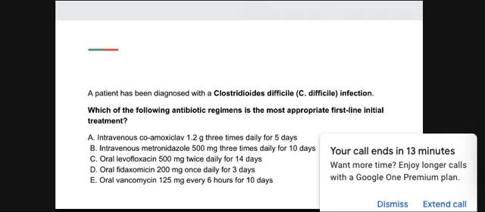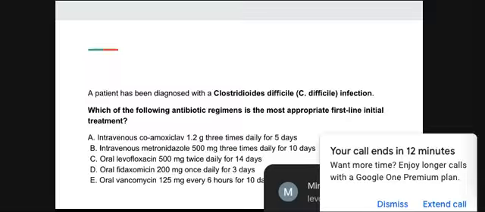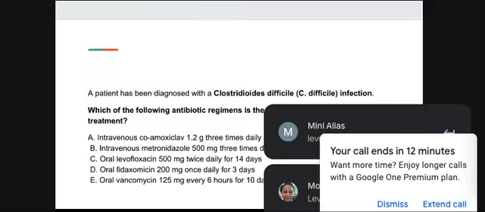My next question is which of these medications can be used for high severity community acquired pneumonia?